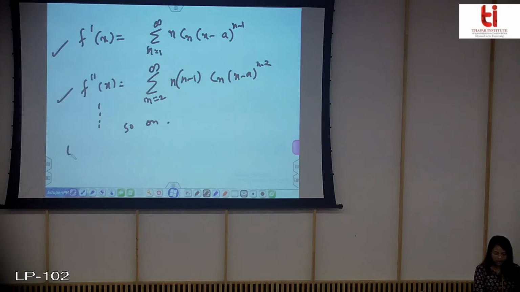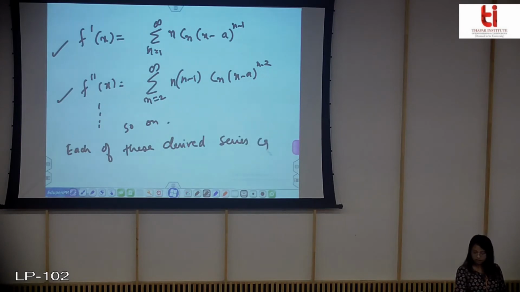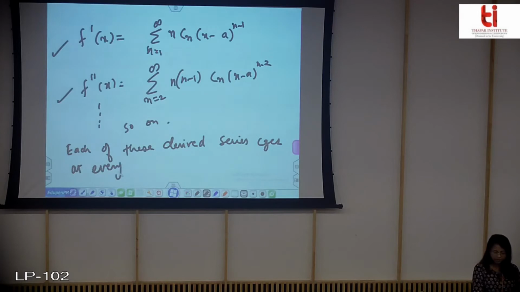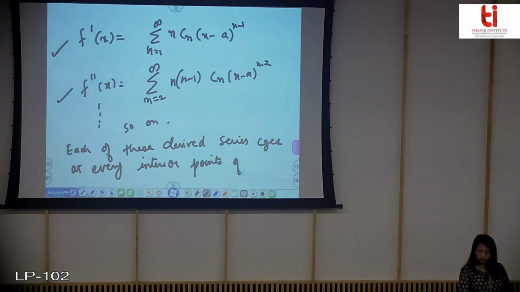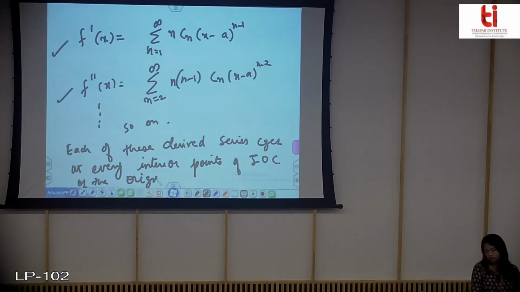So I'll write it down: each of these derived series converges at every interior point of the interval of convergence of the original series. Okay.